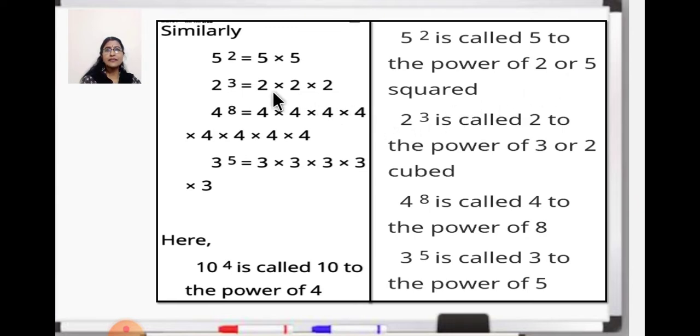And this example we just discussed, you will call it 2 to the power of 3, or you can say 2 cubed, because here 3 is written. And this example is called 4 to the power of 8. And this one is called 3 to the power of 5. So this way you have to read the number with power.